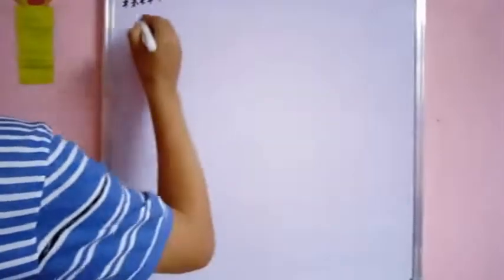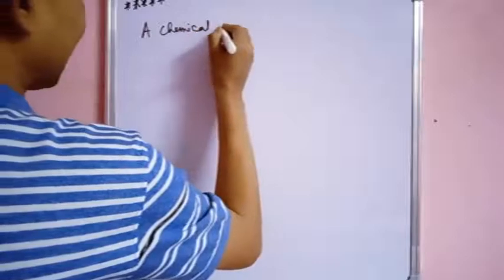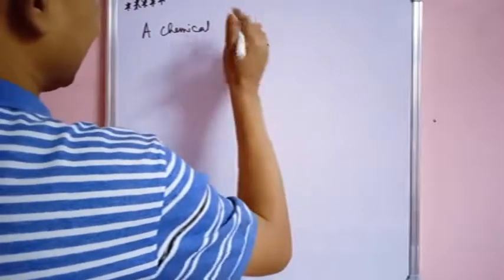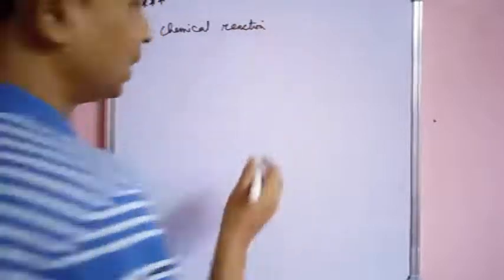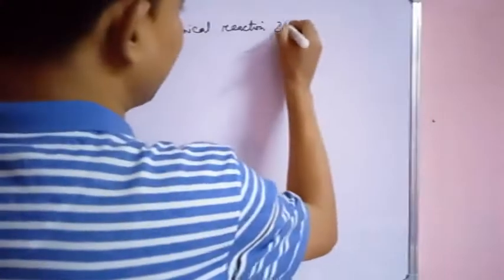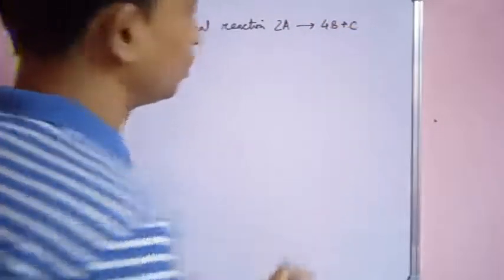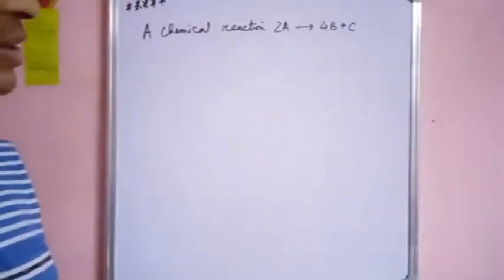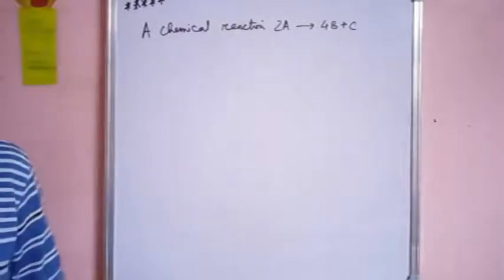The question is: a chemical reaction 2A arrow 4B plus C. If you search your previous year questions, you will see that this question is very common.